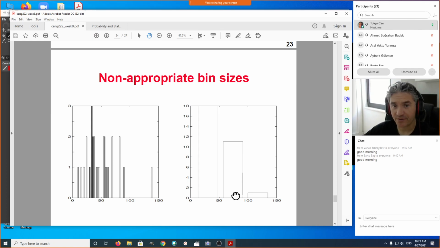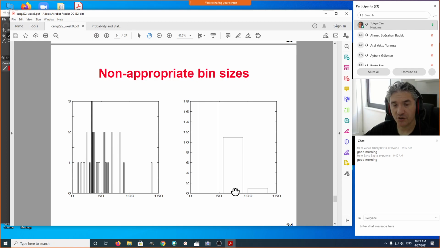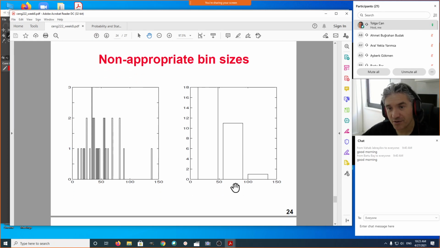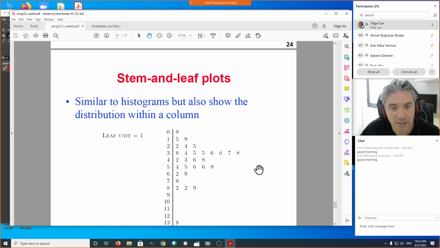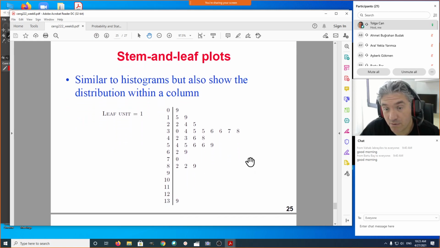That's the thing about these visual descriptors: sometimes you have to play with them manually and tweak them to your needs. And the other graphical plot that I didn't see before I taught this course is the stem and leaf plot. It's the same 30 data points we had.